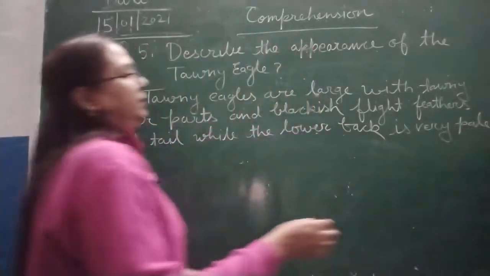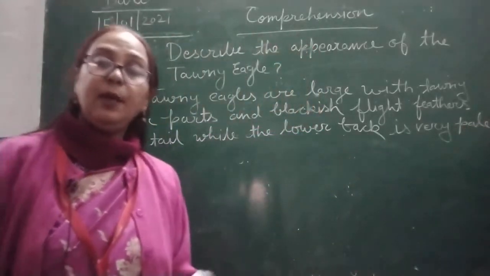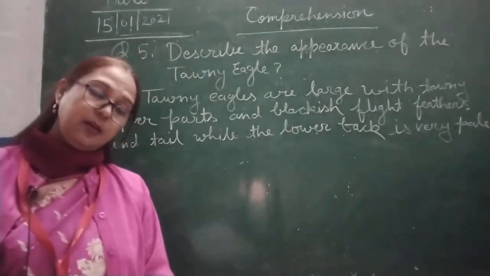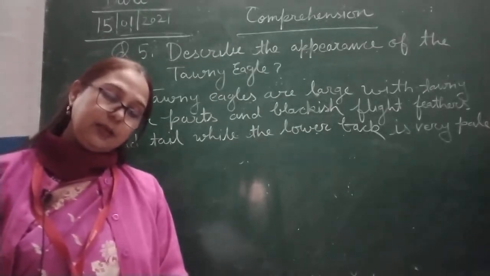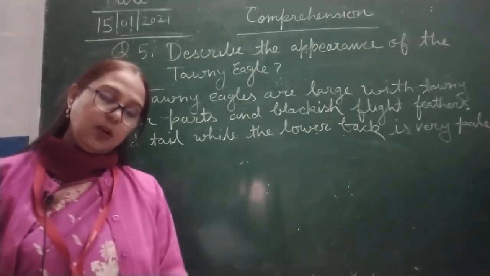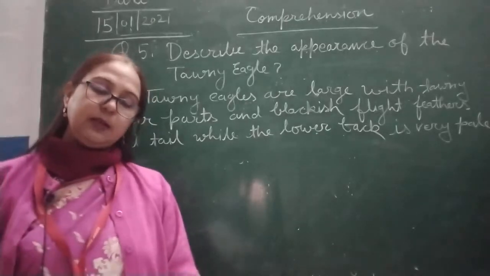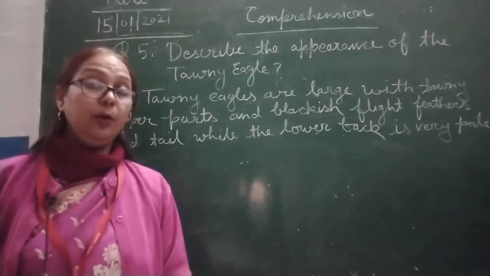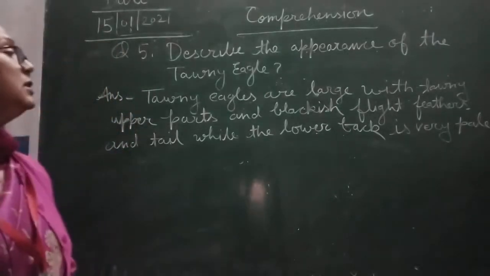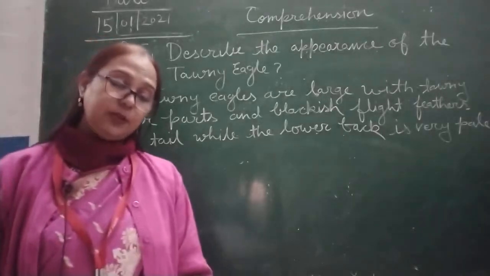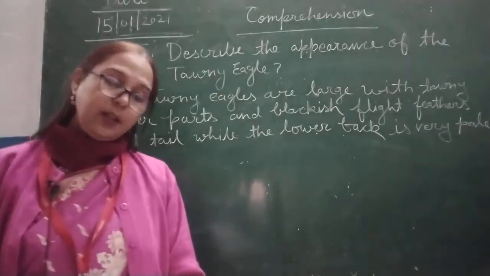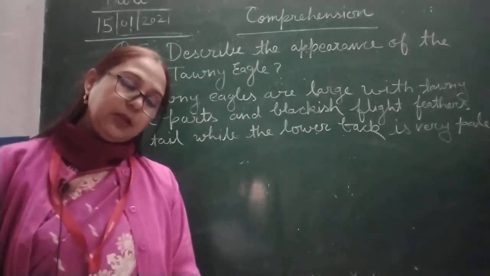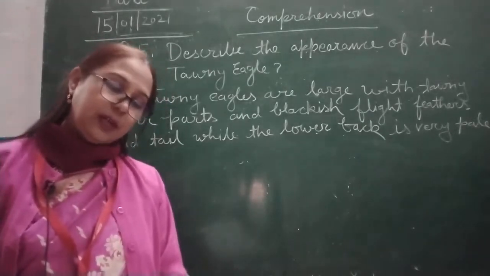Now here children, we have seen in this paragraph about the tawny eagle its appearance, or you can say its body shape, which we have discussed in the paragraph. The call of the tawny eagle is a crow-like barking, though it is a silent bird most of the time.